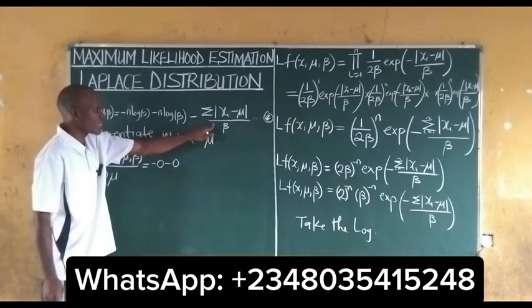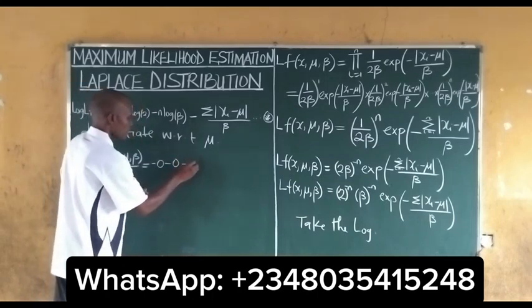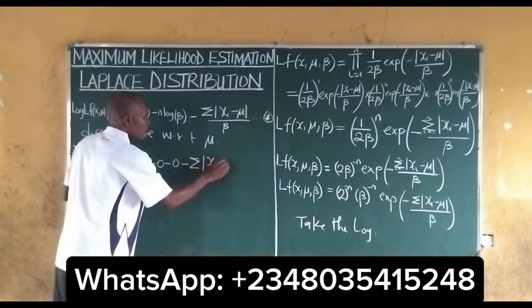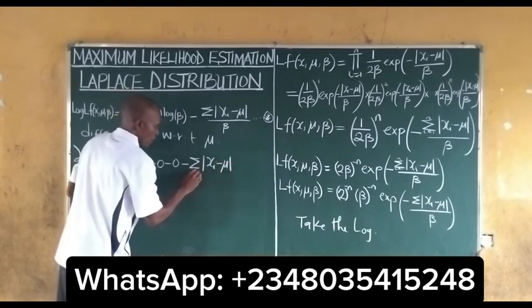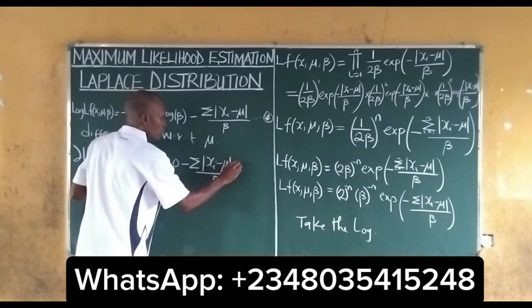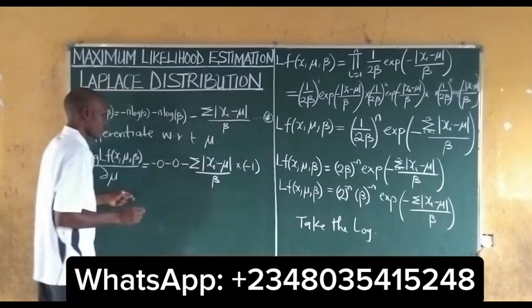If we differentiate this, we get negative summation of xi minus mu all over beta, multiplied by negative 1. That means the value inside.